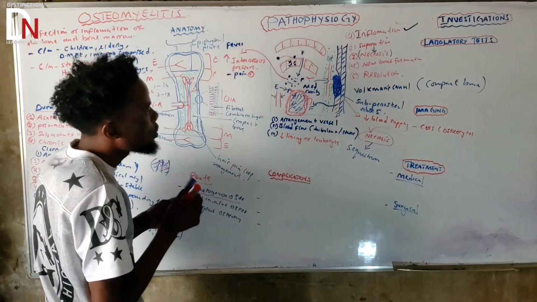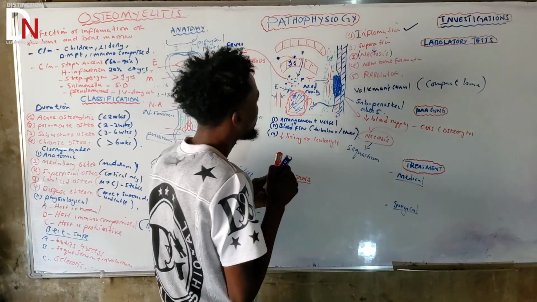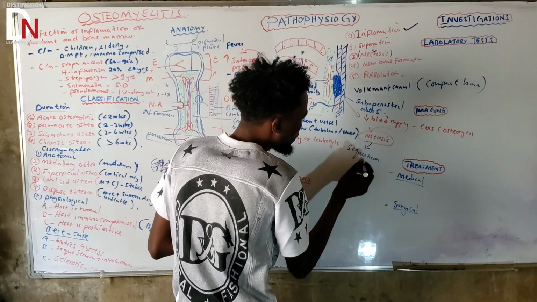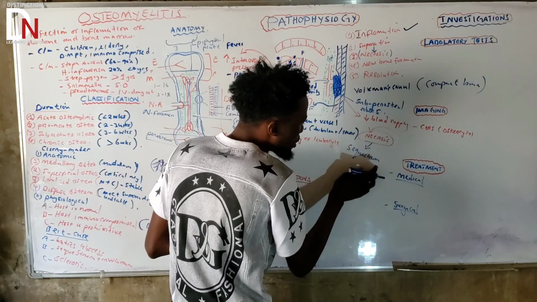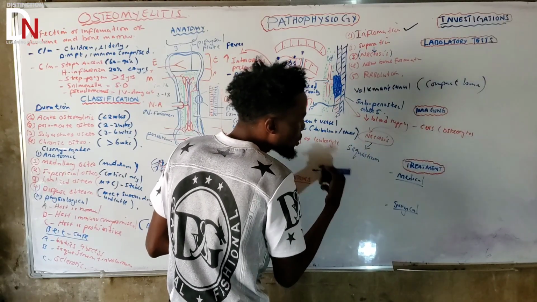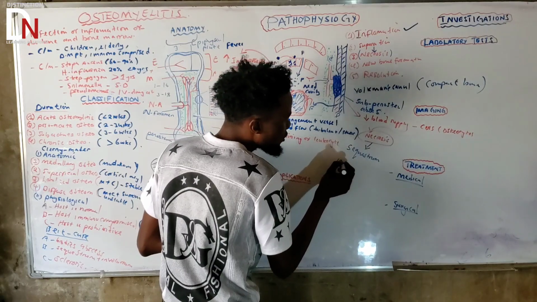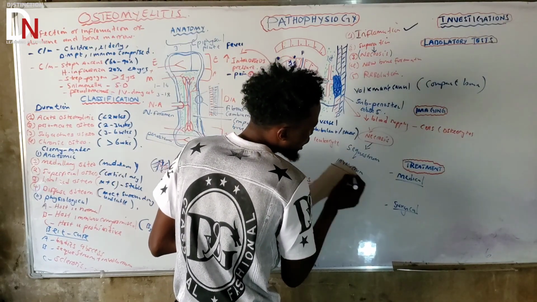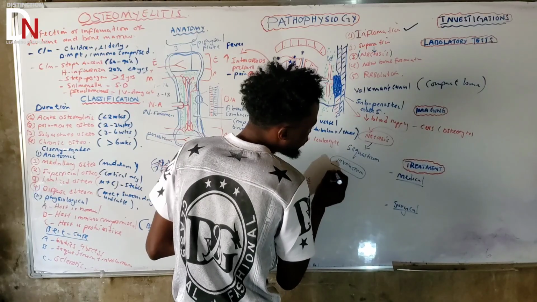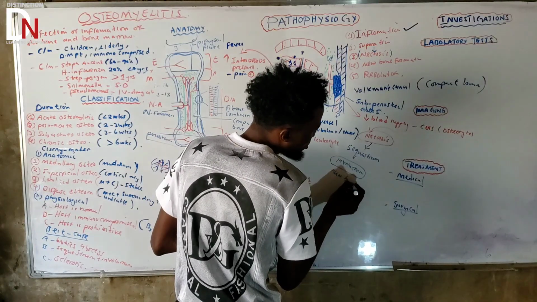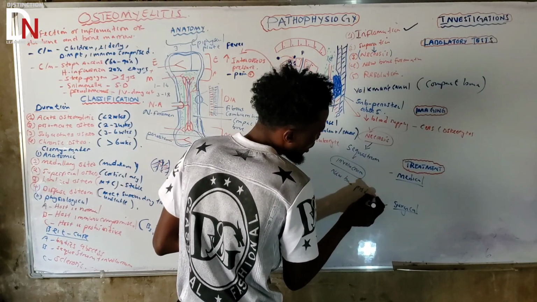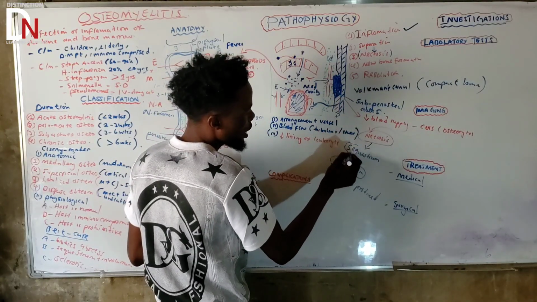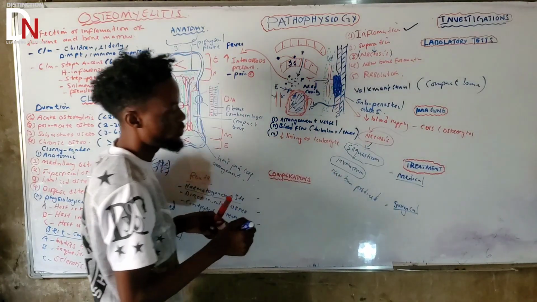So what do we call that new bone formation? We call it involucrum. Okay, due to this sequestrum, there will be another new bone formation, which we call involucrum. Involucrum is basically the new bone produced, and it's going to cover the sequestrum.